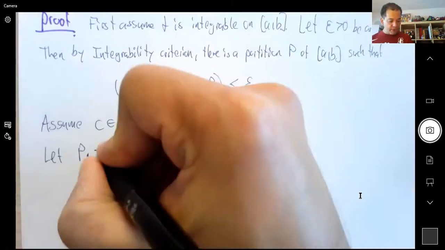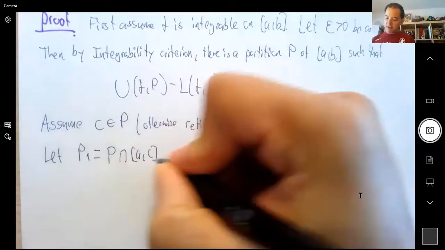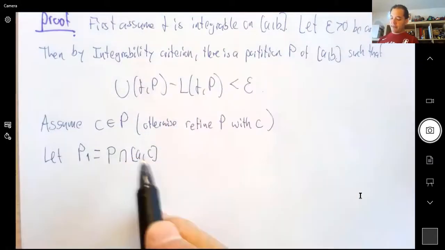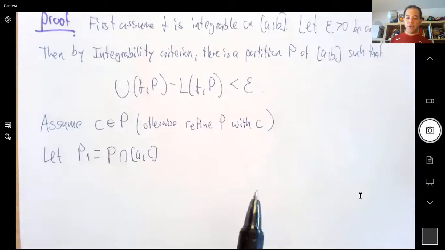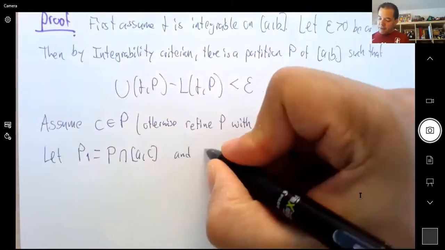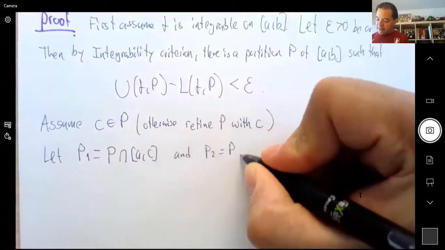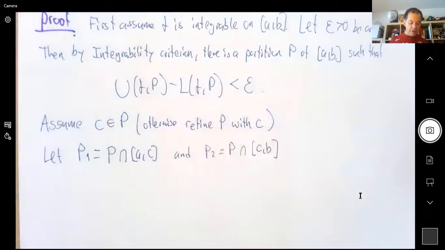Okay, so then let P1 be the partition intersected with the interval AC. So in other words, pick only the elements in the partition that are smaller than C. And P2 be the ones that are bigger than C. So pick the ones that are smaller and the ones that are bigger, right?